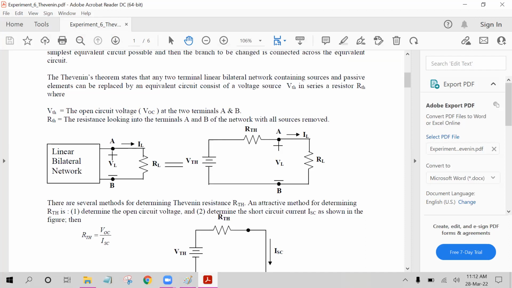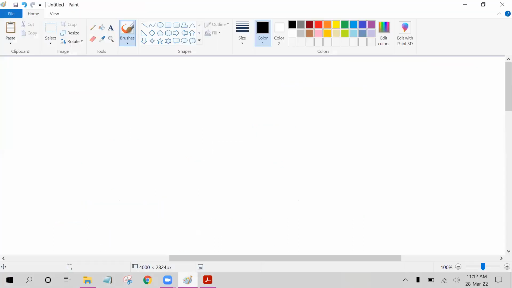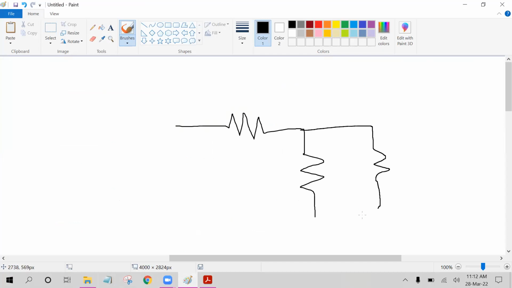Now, what does the theorem want to say? It is actually somehow similar to our equivalent resistor concept. We all know about series parallel equivalent resistance, right? For example, say this is a circuit containing 3 resistors.